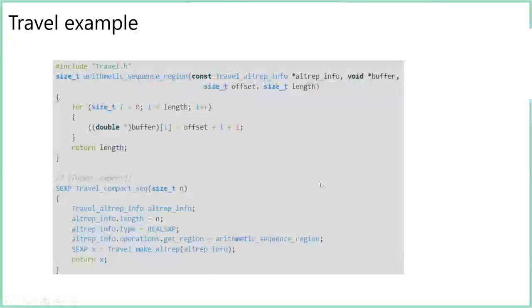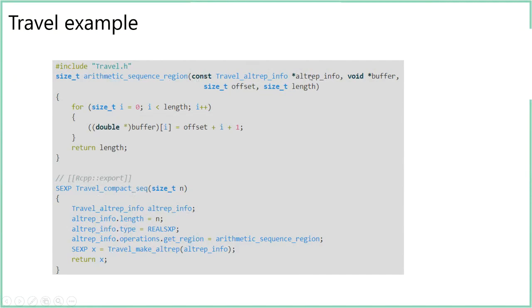So let's see an example. Here is an example to make our homebrew version of the compact sequence. Here's the constructor function, travel compact sequence. First, you need to declare your ALTREP info, assign its length and set its type. Here, I just set it to numeric vector. And then define its get region function. In this get region function, it has 4 parameters.